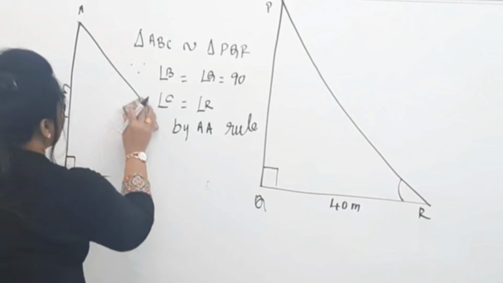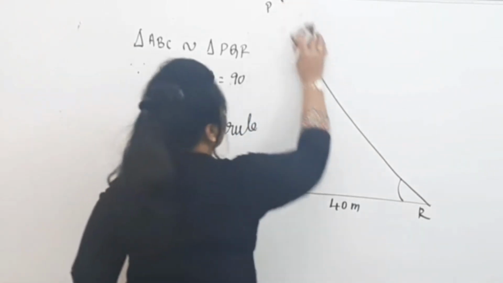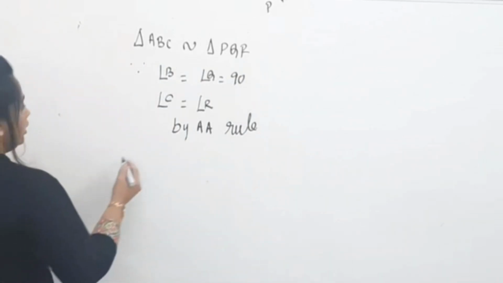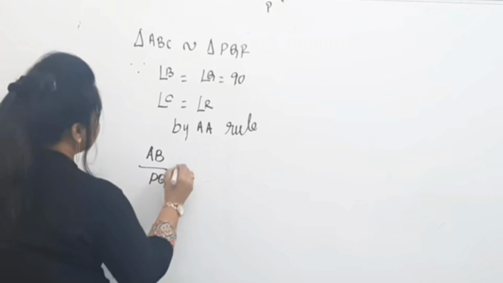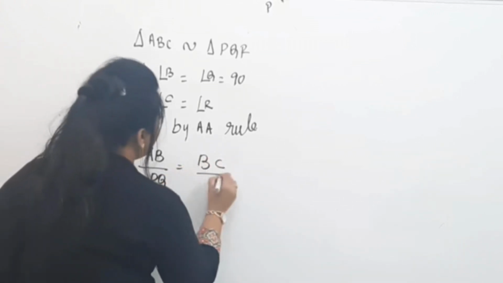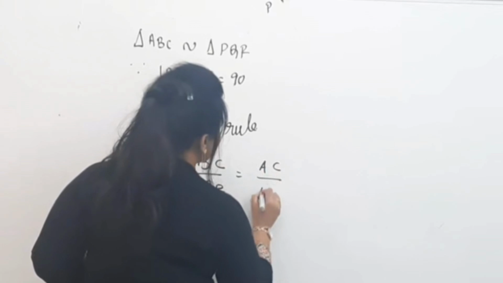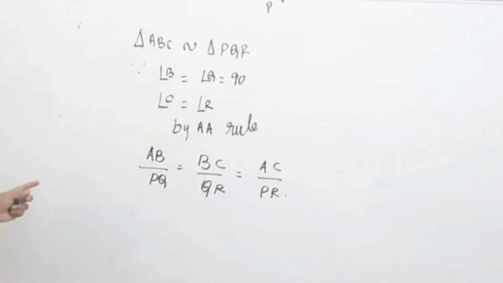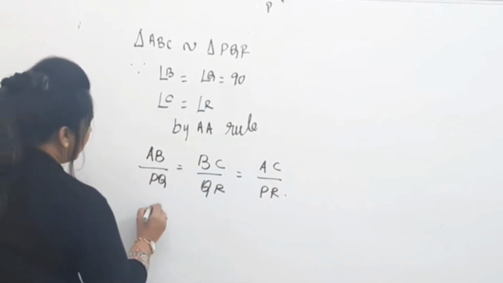So I would write my ratios are equal. AB by PQ is equal to BC by QR is equal to AC by PR. I got all my values, so I will go and check it. AB, I got it.